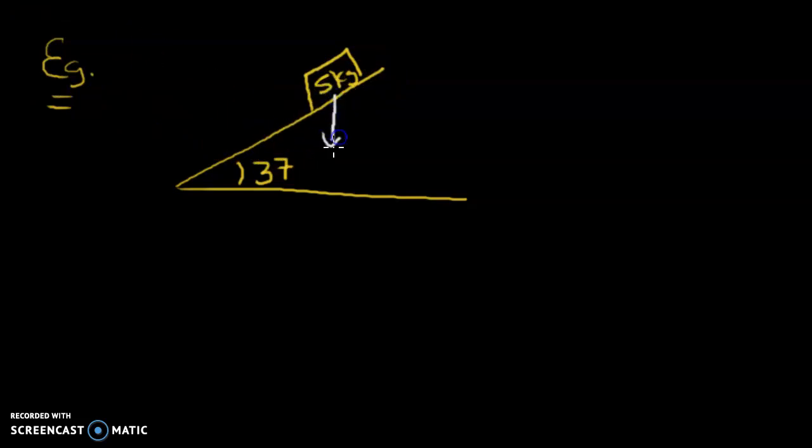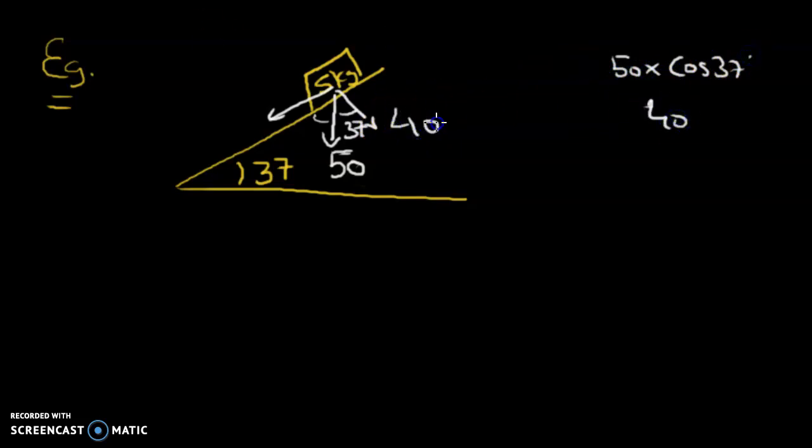The force is 50 Newton, this angle is 37, this is 53, and this is again 37. So 50 cos 37 is 4 by 5 of 50, that is 40, and the other component is 30. Nothing more, nothing less. This is resolution on an inclined plane.